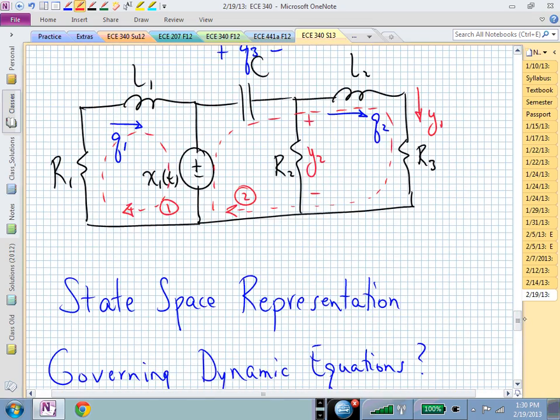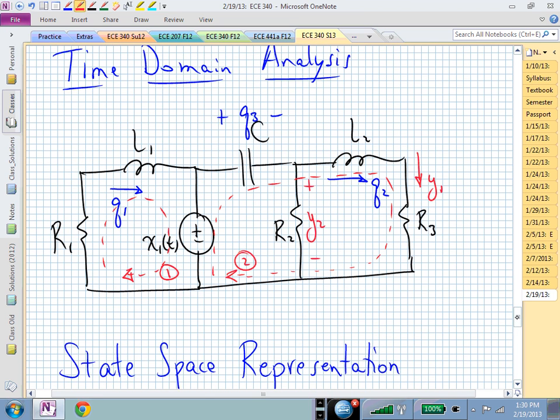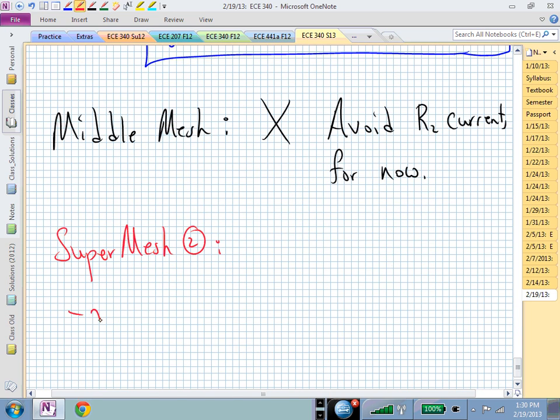And if I start in the lower left corner, I'm now going minus x1, then what? Plus q sub 3. That's a state variable. That one's almost too easy, that it's hard. But I now have minus x sub 1 of t plus q sub 3 of t.